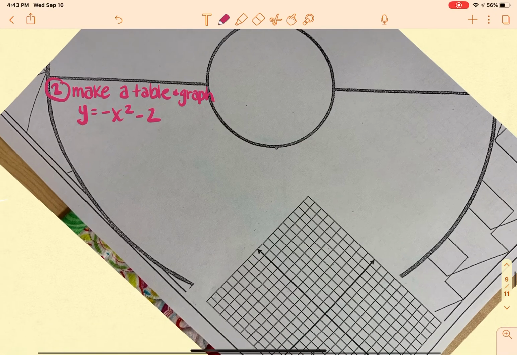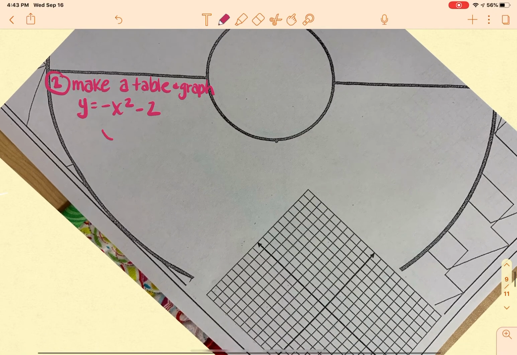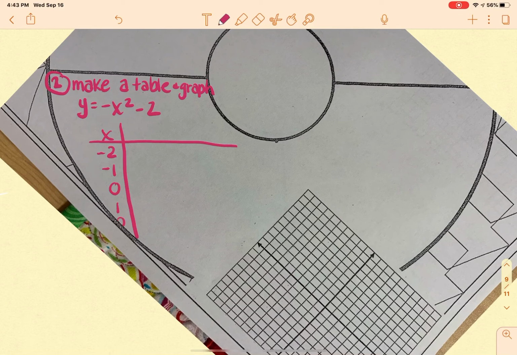Now, I'm going to go ahead and make my table just like before. Start with my x values and go negative 2 to 2 and see where that gets me. We'll adjust if we need to. And I'm going to take this equation, it's going to go right here.